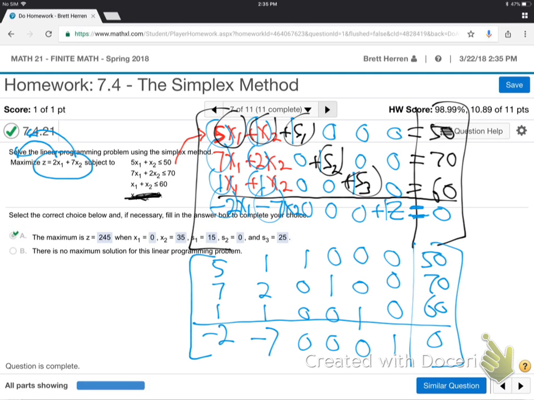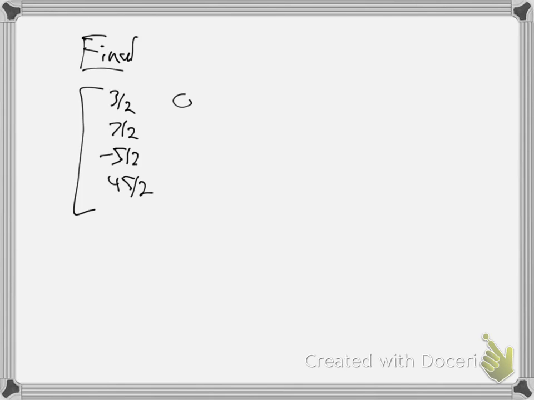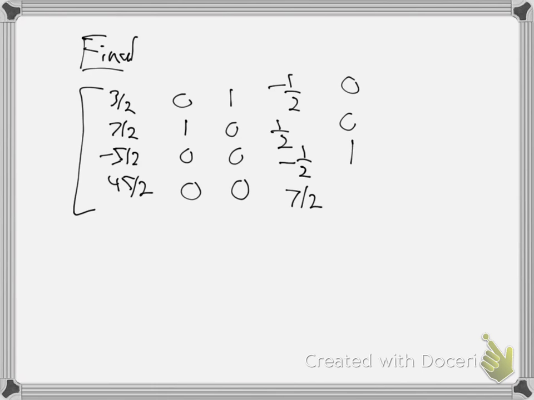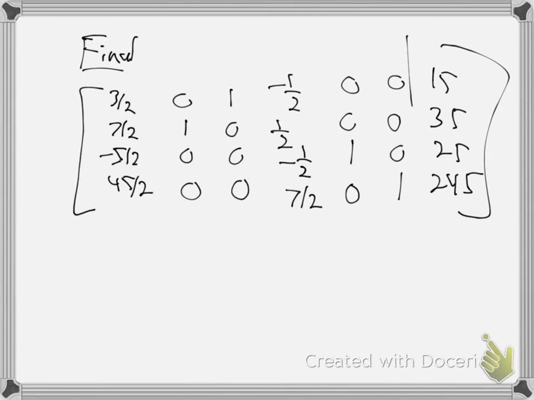All right, so now program, simplex. Here's the real answer. So final matrix, I got 3 halves, 7 halves, minus 5 halves, 45 halves, 0, 1, 0, 0, 1, 0, 0, 0, minus a half, 1 half, minus a half, 7 halves, 0, 0, 1, 0, 0, 0, 0, 1, 15, 35, 25, 245.